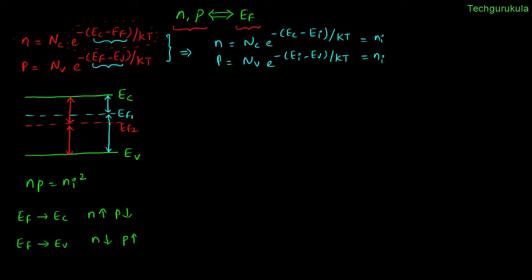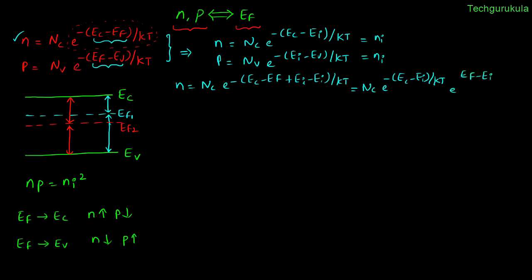We can rewrite this expression for electron concentration as n is equal to Nc times e power minus of (Ec minus Ef), and we can add Ei and subtract Ei so that the equation doesn't change, over kT. And this can be rewritten as Nc times e power minus of (Ec minus Ei) over kT times e power (Ef minus Ei) over kT.